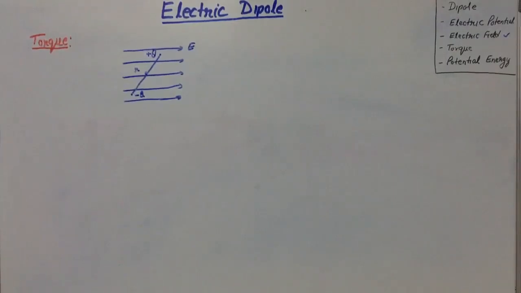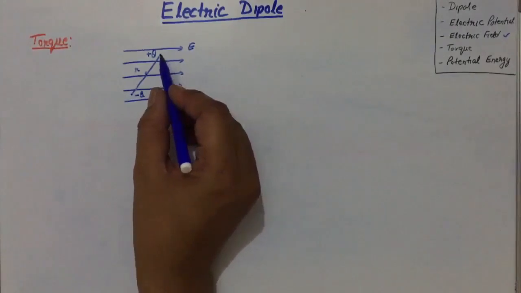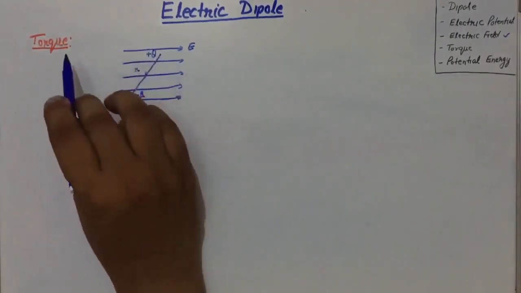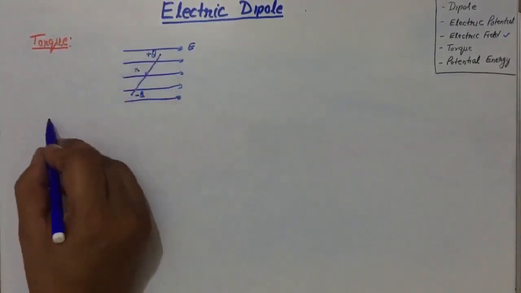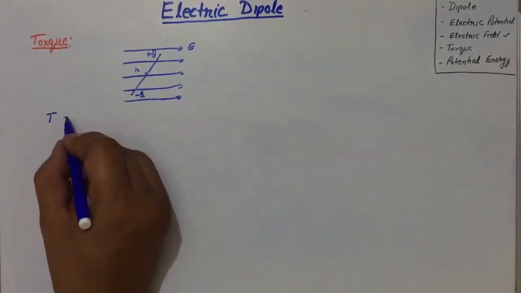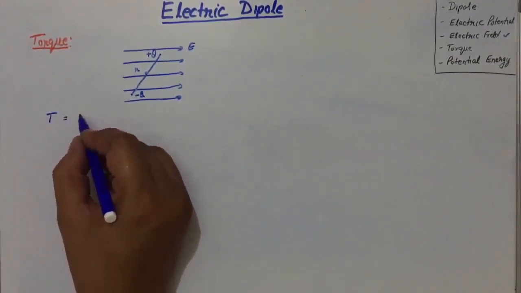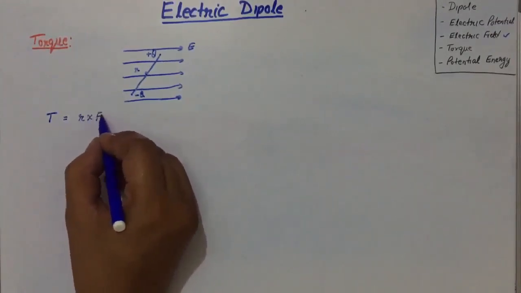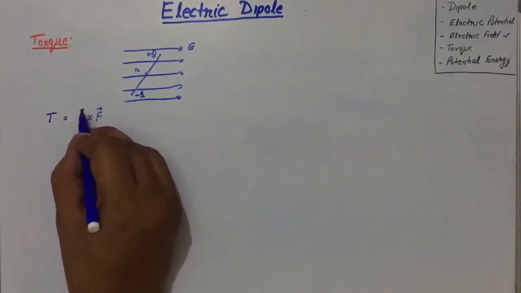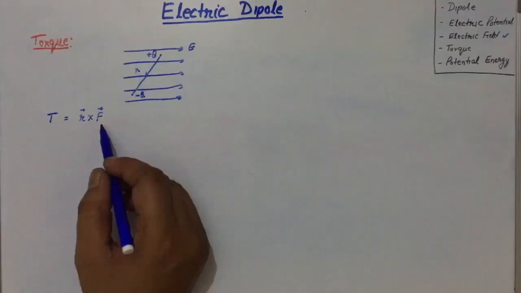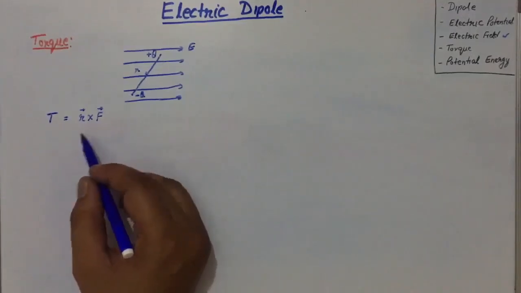So for that purpose, before directly finding the torque, we should know from physics that torque is R cross F. So it is important to find F first, then we can come to torque.